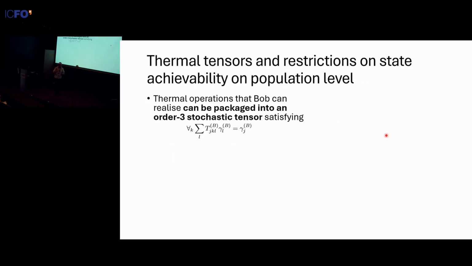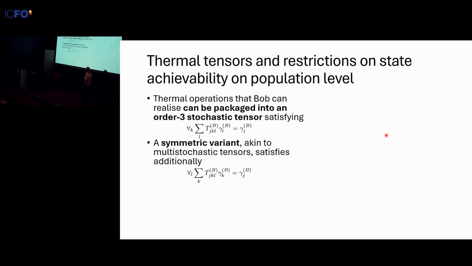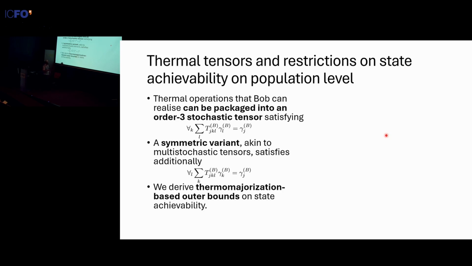Now, thanks to the construction of the protocol, Bob's operations, or in turn the subsequent turns of Alice, can be neatly compactified into order 3 stochastic tensors, which have their symmetric variants. So if you think about bistochastic matrices, this is the order 3 equivalent of it. Within our work, we derive thermomajorization based outer bounds on state achievability.